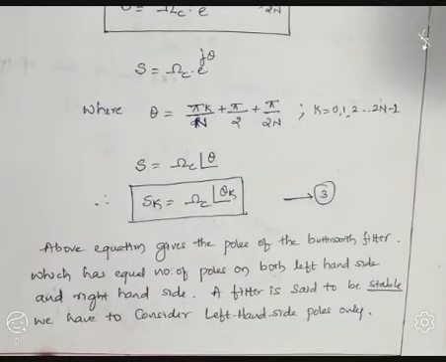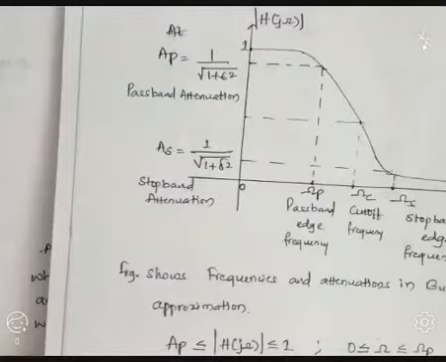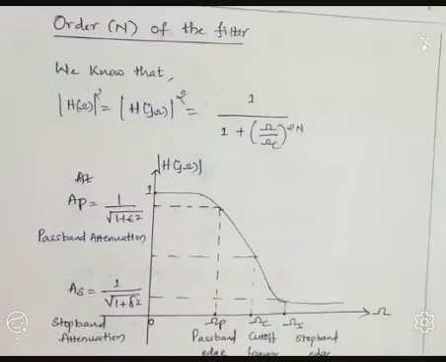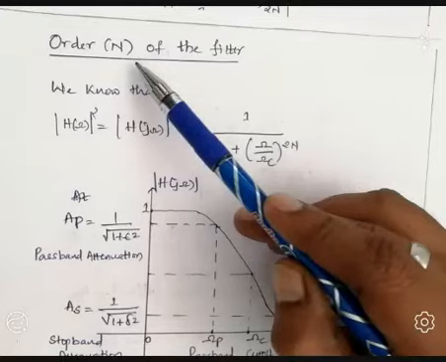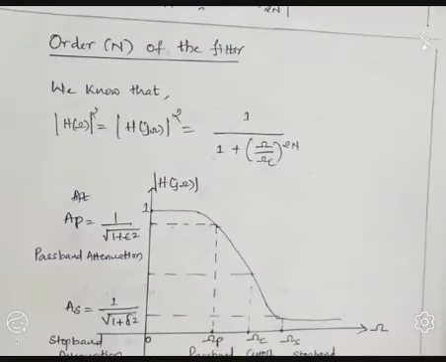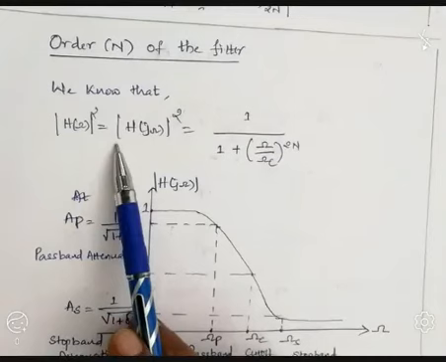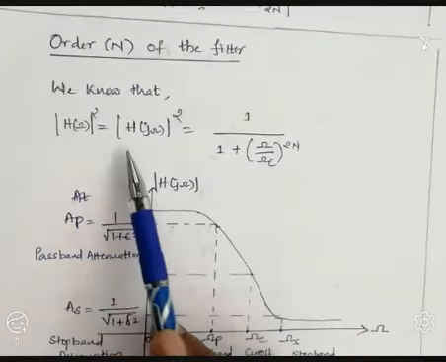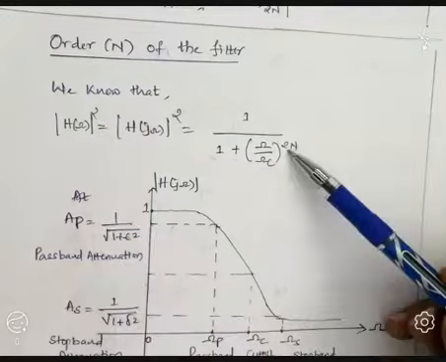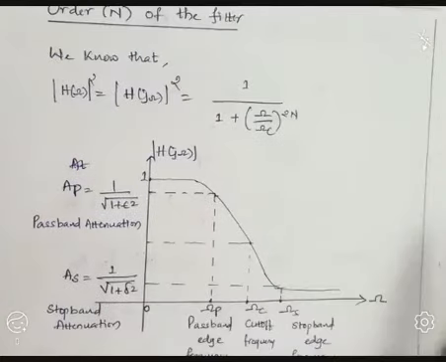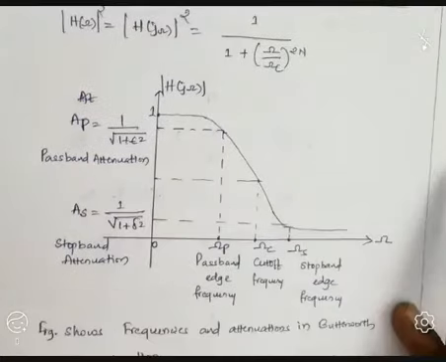Let us calculate the order of the filter for the Butterworth. Order is indicated by the notation n, order of the Butterworth filter. So from the magnitude frequency response of the Butterworth filter, we can write mod of H of j omega squared equal to 1 divided by 1 plus omega by omega c to the power 2n. Before calculating the order of the filter, let us discuss the frequencies and attenuations present in Butterworth filters from this diagram.